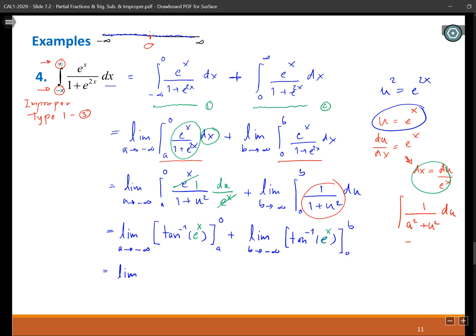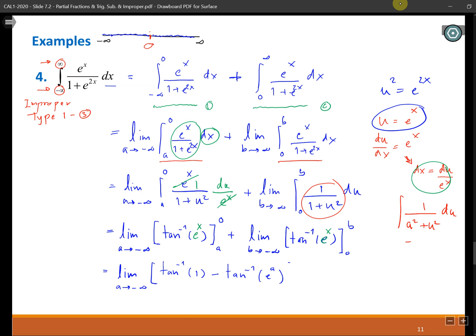Okay, so now all we need to do is to plug in the numbers. So here a approaches minus infinity, and here we have arctan of the first term, e to the power of 0. That is going to be 1, minus another term, arctan of e to the power of a.